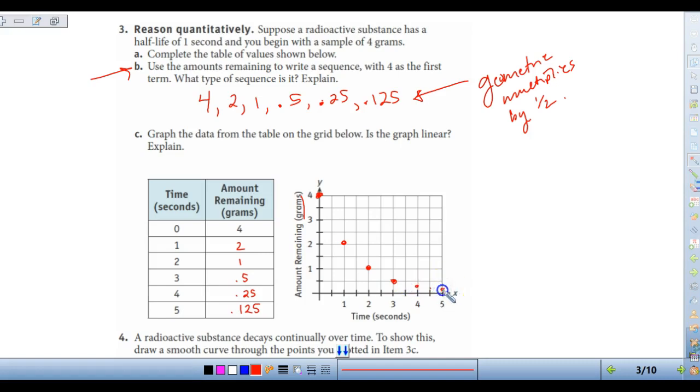So it keeps decaying at a steady rate, cutting in half as time goes by. So a radioactive substance decays continually over time. To show this, draw a smooth curve through the points that we plotted. So that's why I just tried to draw a smooth curve. Not that smooth, but I did my best.